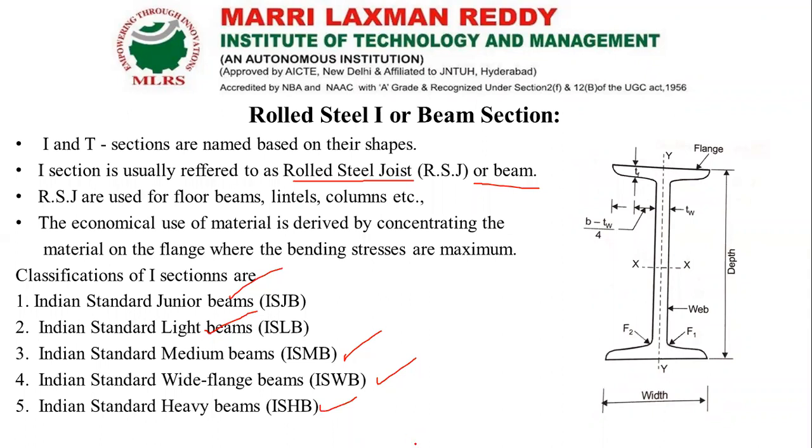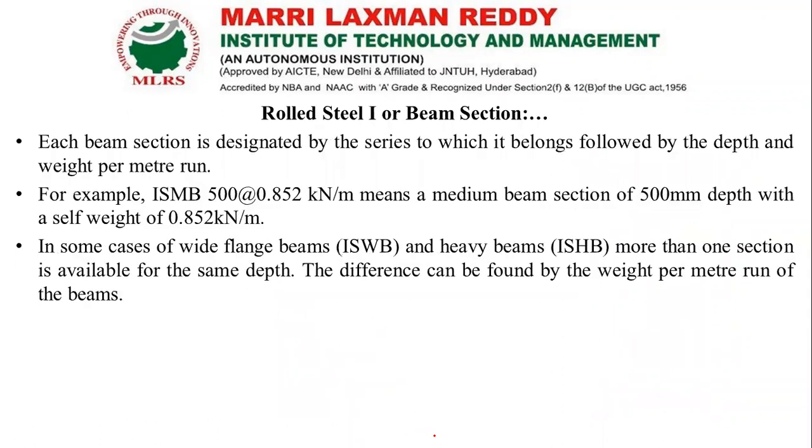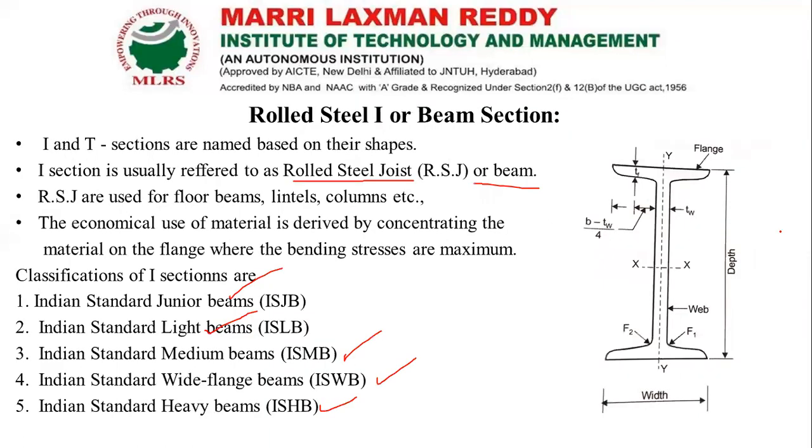If we go beyond these cross-section details and need further sections, at that time I can go for built-up sections. For example, they can be given like this: ISMB 500 at 0.852 kilonewton per meter. So this 500 mm is nothing but the depth of the section.